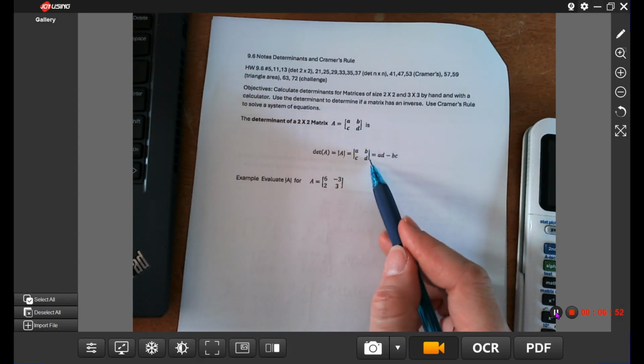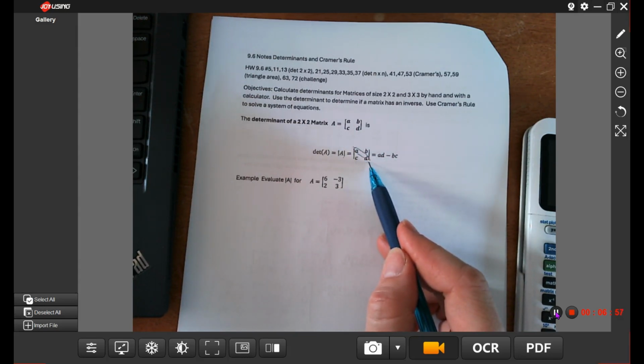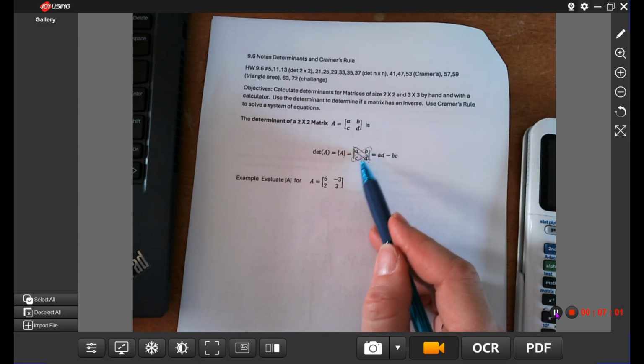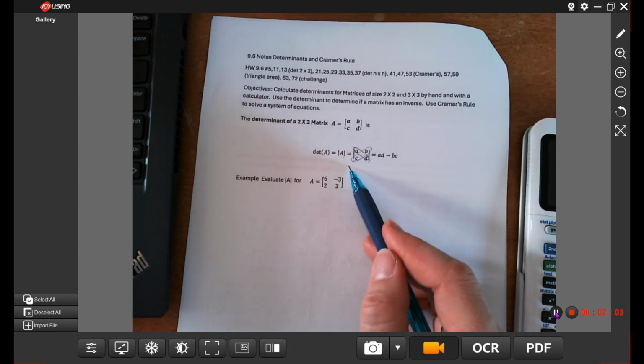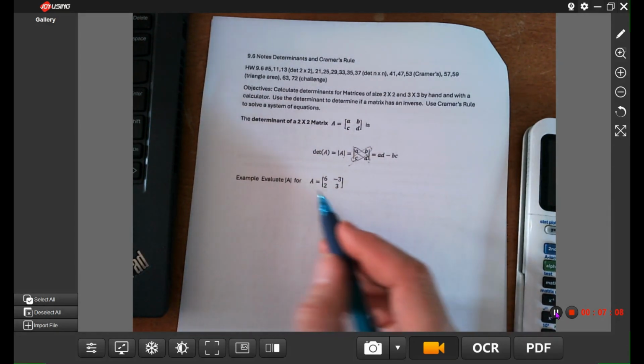So it would be the product of the diagonal from top left to bottom right, subtract the product of the other diagonal. Too many diagonals in that sentence.